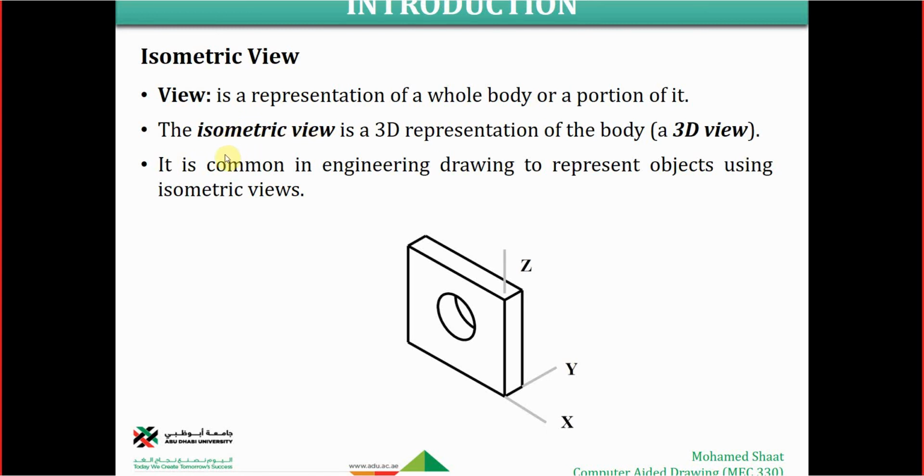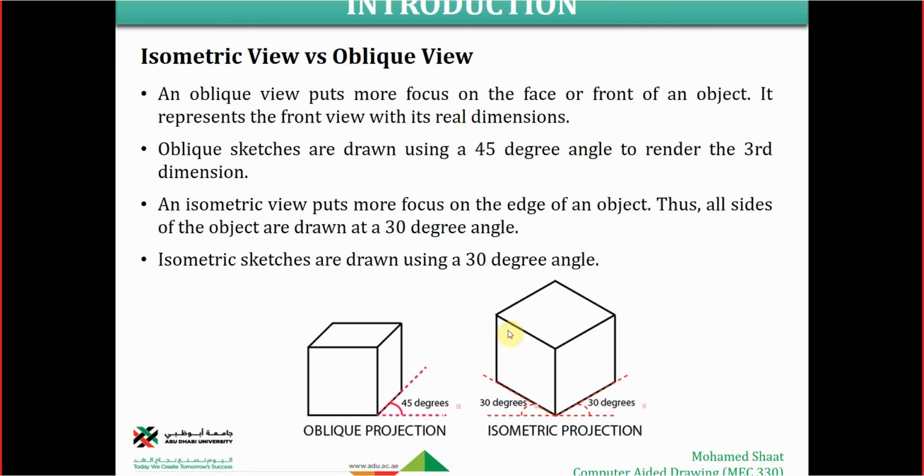You can break down the word into ISO, which is the International system, the ISO system that we agreed to use for engineering drawing. Metric, because our basic unit system, used in the UAE and most European countries, is the metric system. So this is the isometric system view, which represents the three-dimensional representation of an object, okay?